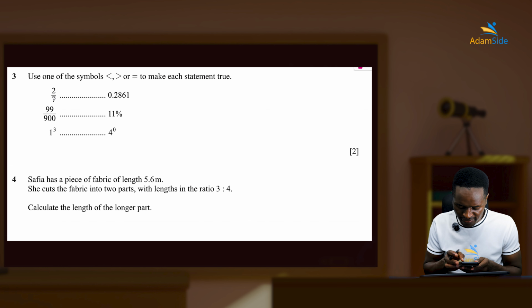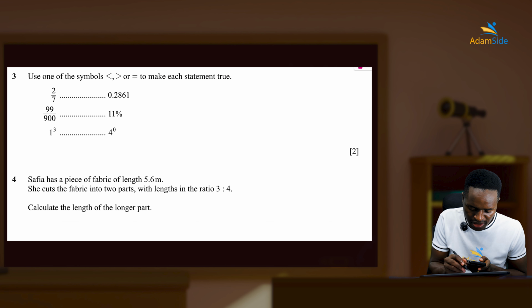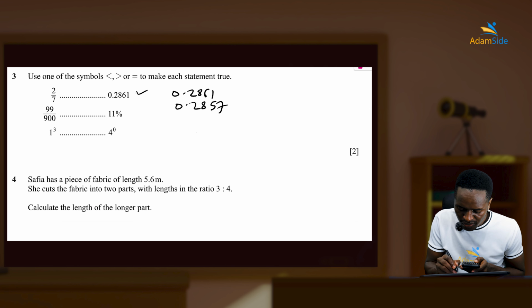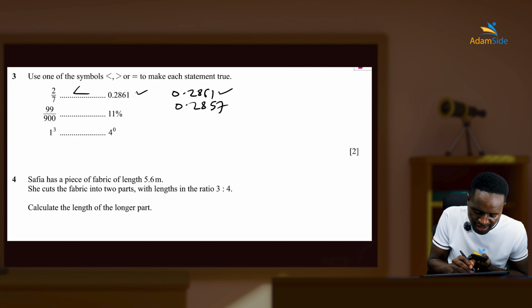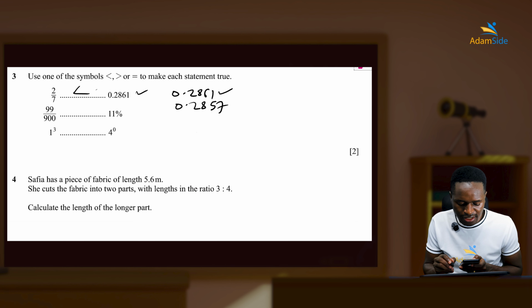It is 0.2857, but the other number is 0.2861. If you look at the difference, you'll see that this one is a little bit bigger. So we say 2 over 7 is less than 0.2861.